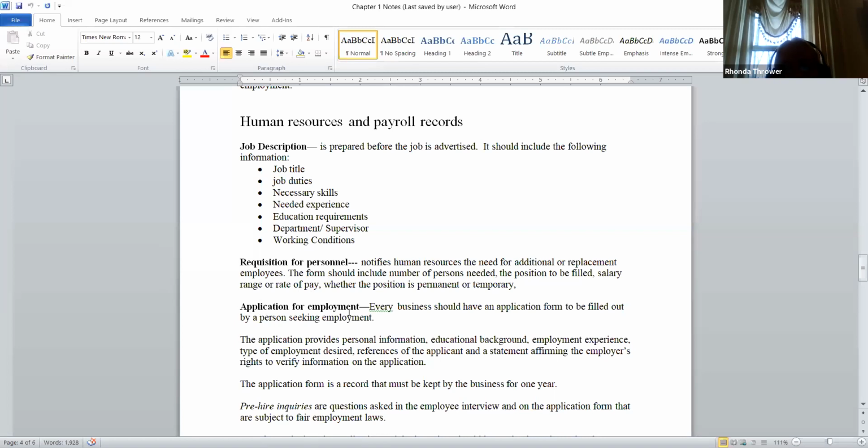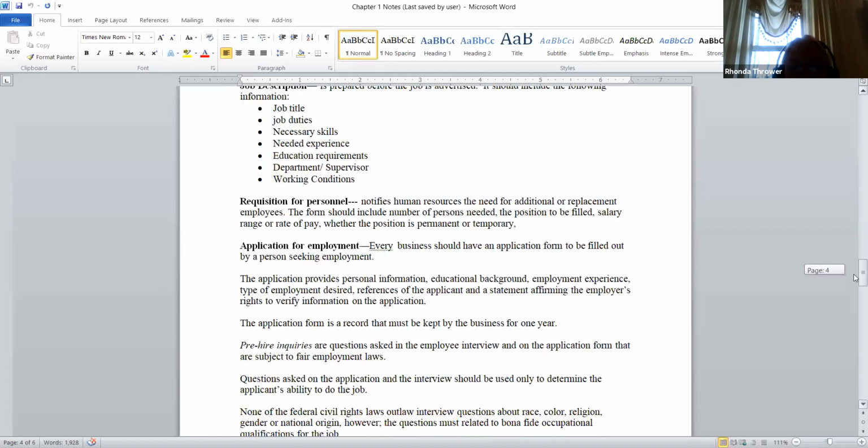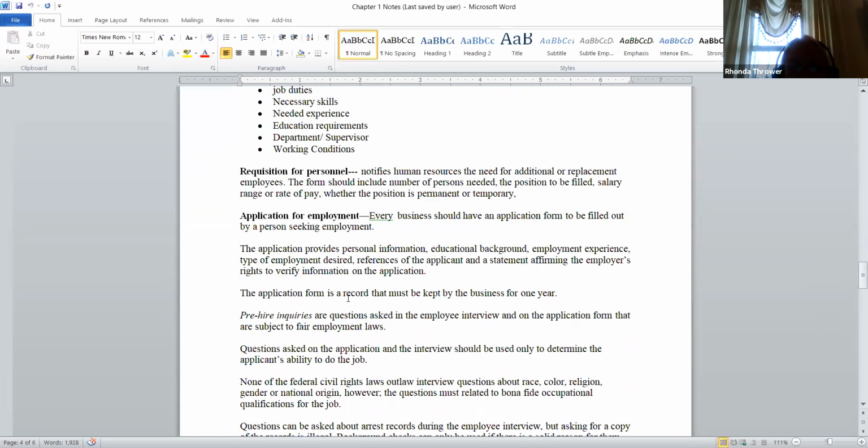Also, an application for employment is needed for every business, whether it's large or small. They should have some type of application form that would be filled out by a person seeking employment. And anyone who has tried to get a job most likely has filled out an application.